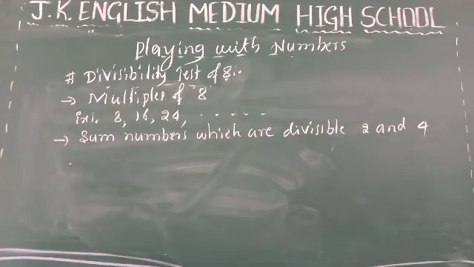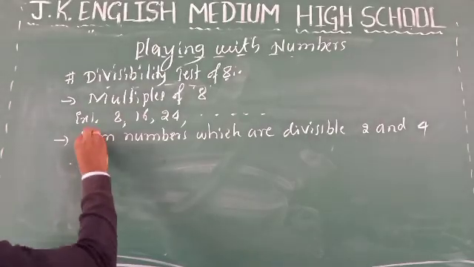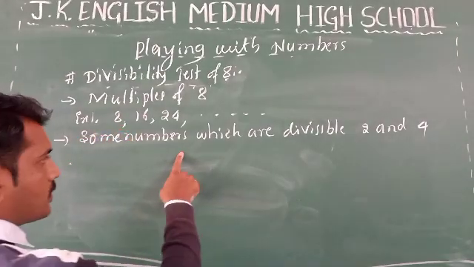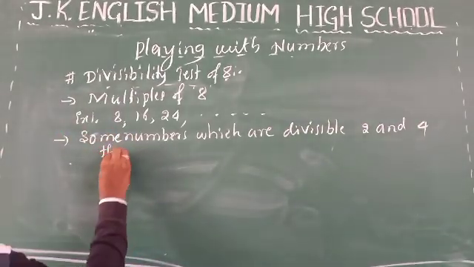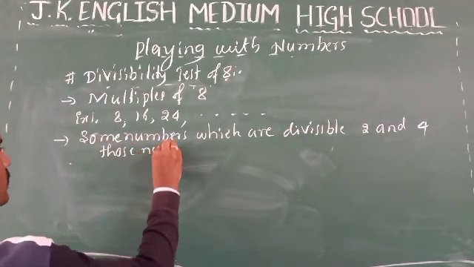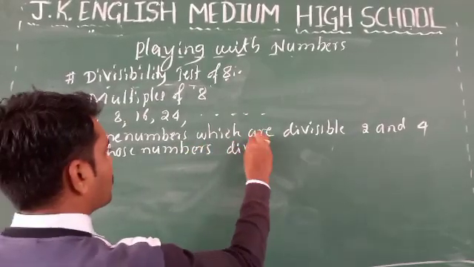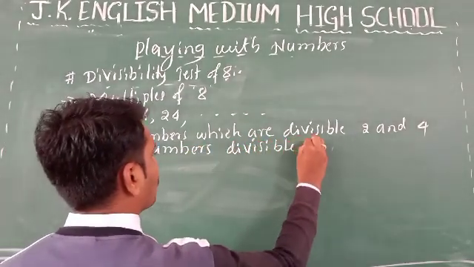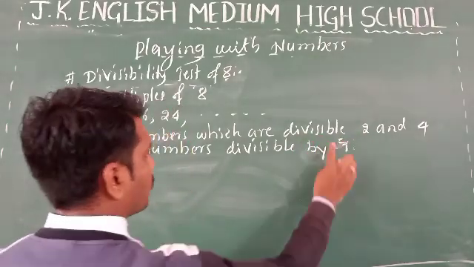Some numbers which are divisible by 2 and 4, those numbers divisible by what? 8. So by taking examples, I will clear you.